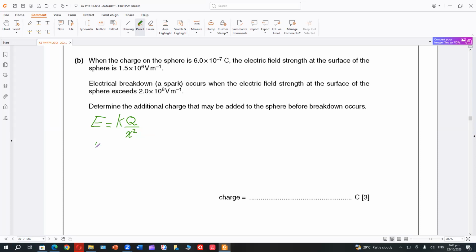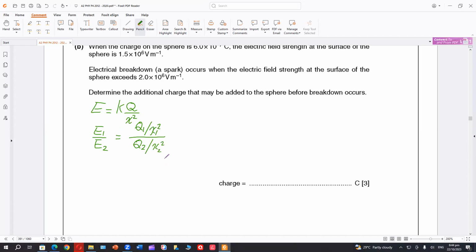So I can make a ratio formula, which we used to do always in AS. E1 upon E2 is equal to Q1 upon x1 square upon Q2 upon x2 square. If you further simplify this formula, E1 upon E2 is equal to Q1 upon Q2, and then it is x2 upon x1.